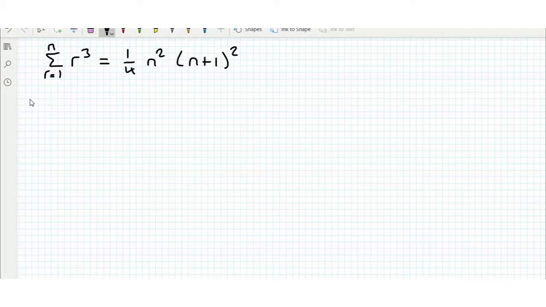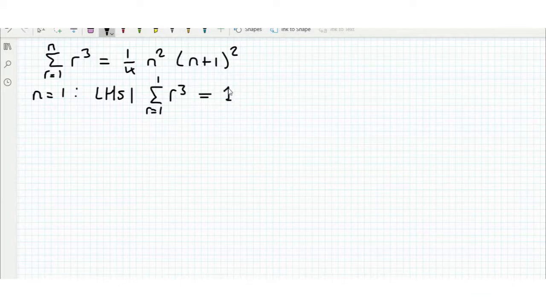Now we're going to consider n equals 1. The left hand side would be the sum from r equals 1 to 1 of r cubed, and that's just 1 cubed, which is just 1.